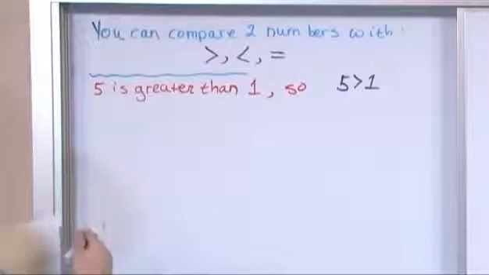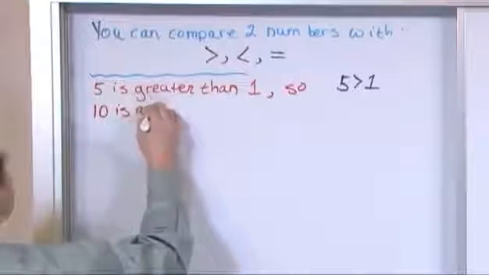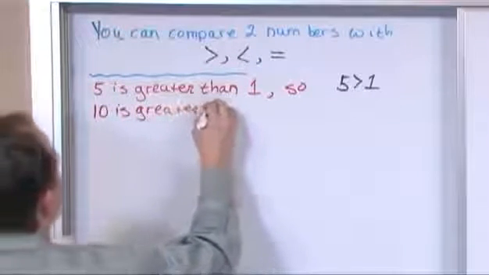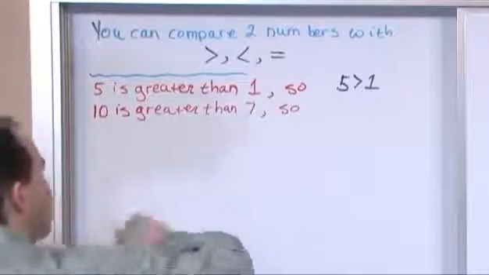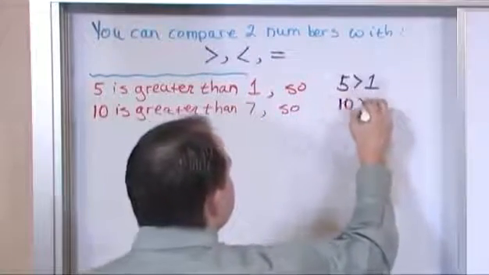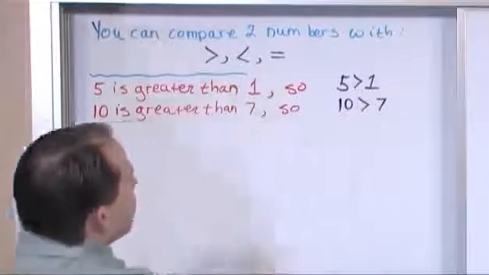So let's do a few more. 10 is greater than 7, so you guessed it, 10 points to 7. 10 is greater than 7. It always points to the smaller number, always.